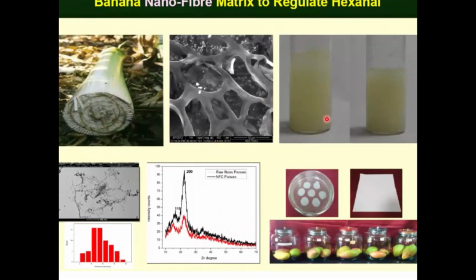And this is made as fiber and wound around bananas or mangoes or other fruits to safeguard the fruits, to improve the shelf life of the fruits. And this is very much used in the agricultural area, right?